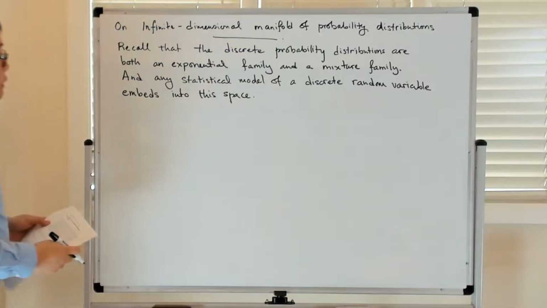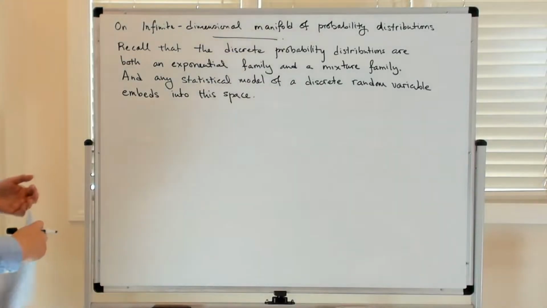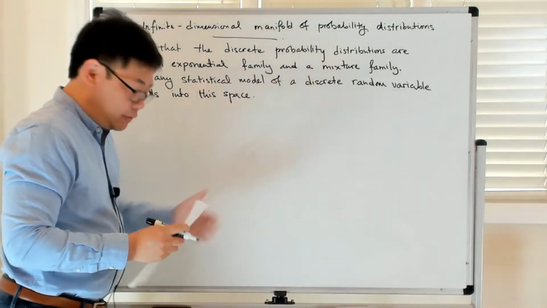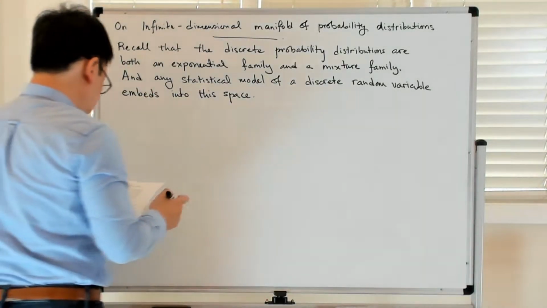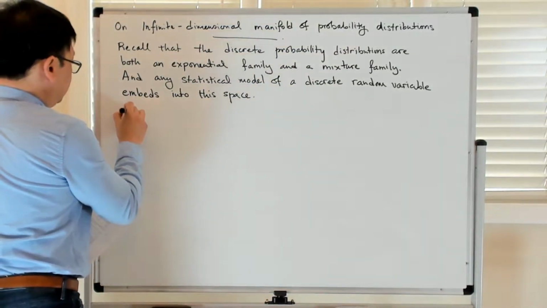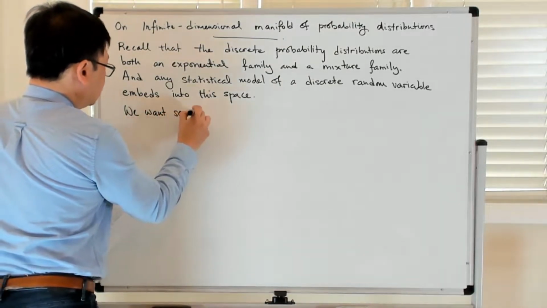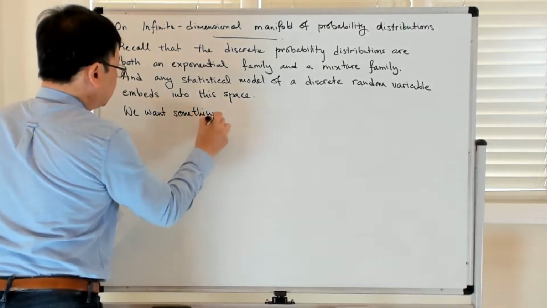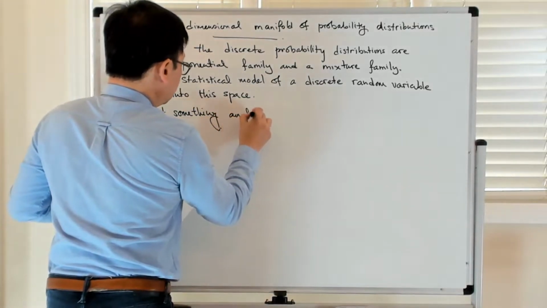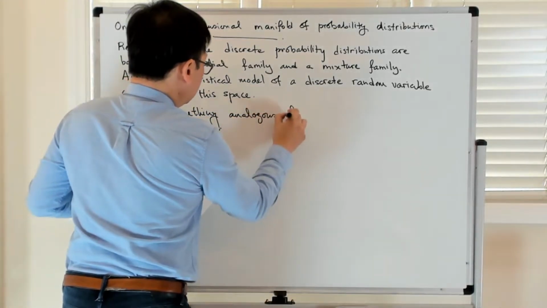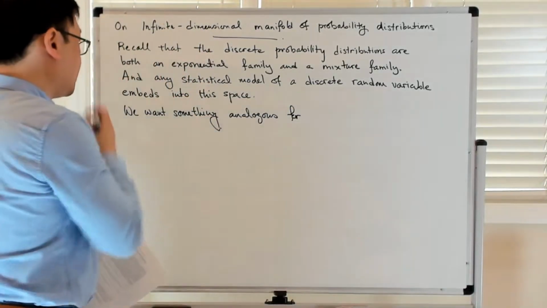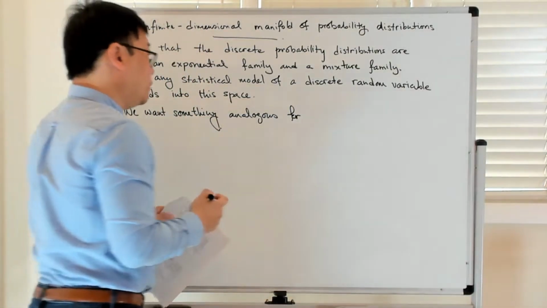So the essence then is that we want something similar, which plays a similar role for continuous random variables. So we want something analogous for statistical models of continuous random variables.